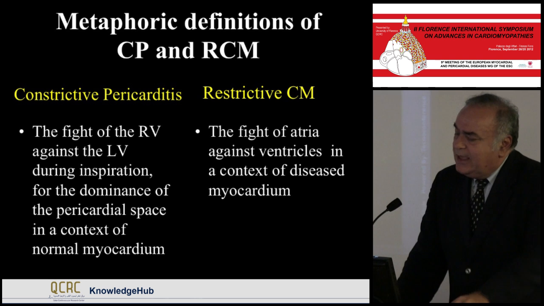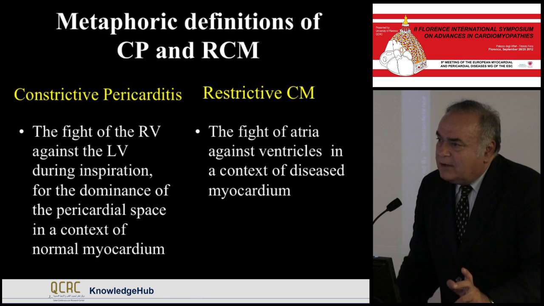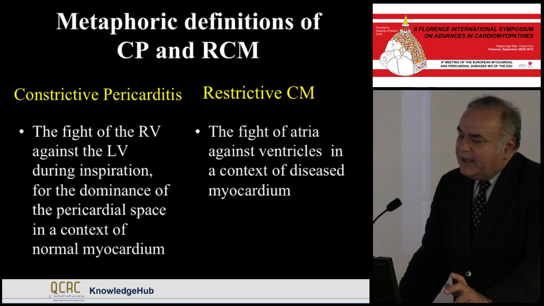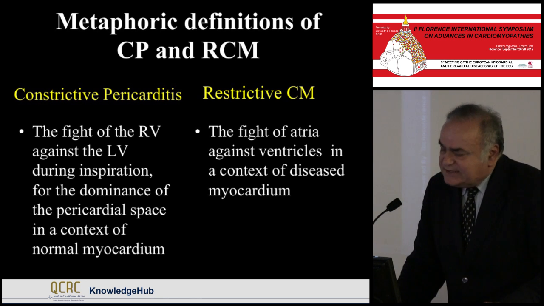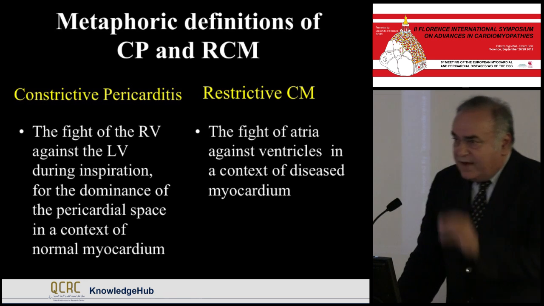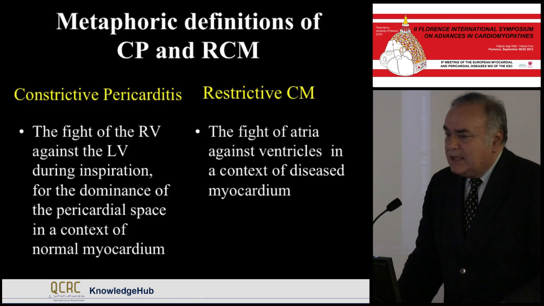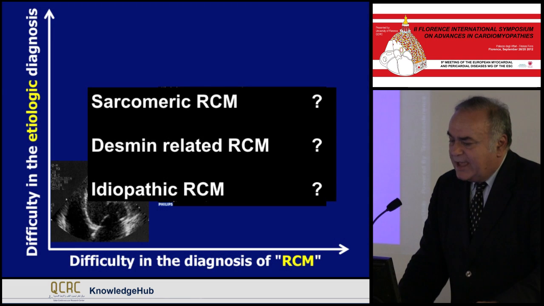Restrictive cardiomyopathy is a sort of fight of atria against ventricle in a context of diseased myocardium, whereas constrictive pericarditis is the fight of the right ventricle against the left ventricle during inspiration for the dominance of the pericardial space in a context of normal myocardium. If you can fix this concept in your mind, it's easier to interpret the different M-mode or Doppler signs.